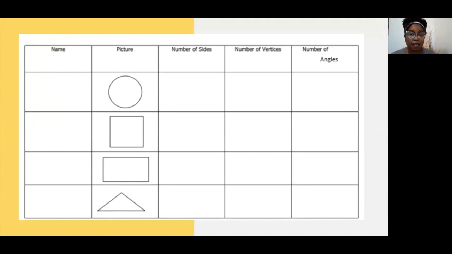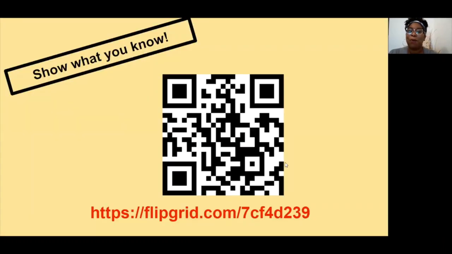And when you are done, yep, you guessed it, you must show your work or share your work, okay? And here's how. Once again, you will use the same information to share your work. Show what you know. We've learned a lot today, okay? This lesson was broken up into 3 different parts that included identifying, vocabulary, and completing information on the characteristics of the plane and solid shapes.